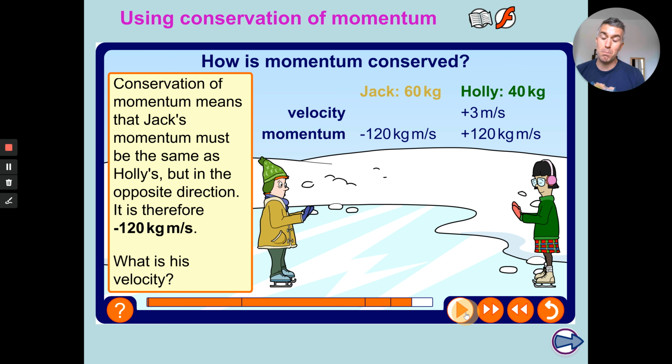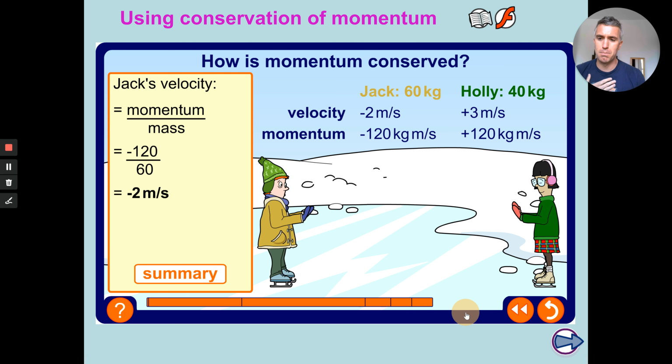So minus 120 divided by 60 gives us minus 2 meters per second. And that means before and after, 60 times minus 2 is minus 120. 40 times plus 3 is plus 120. Minus 120 plus 120 is 0. They started with 0. They finished with 0. Momentum is conserved.